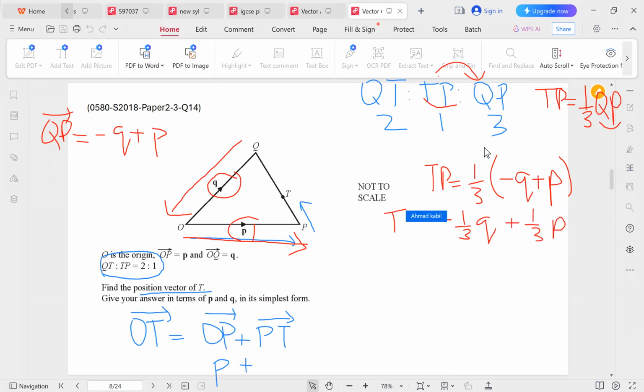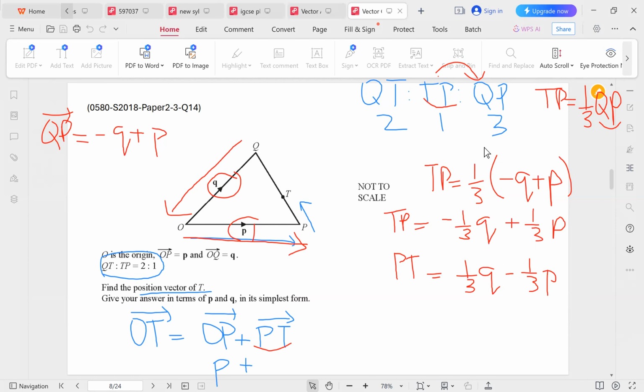That would be TP. However, in our equation, we are looking for PT, not TP. So all we have to do is negate the vector. So PT would be positive 1 over 3 Q minus 1 over 3 P, like this. And we can add this into our equation.